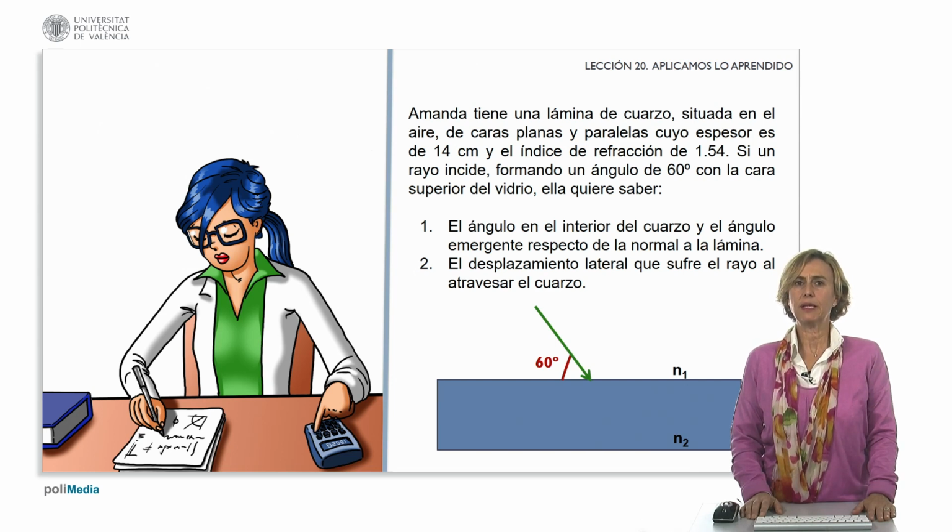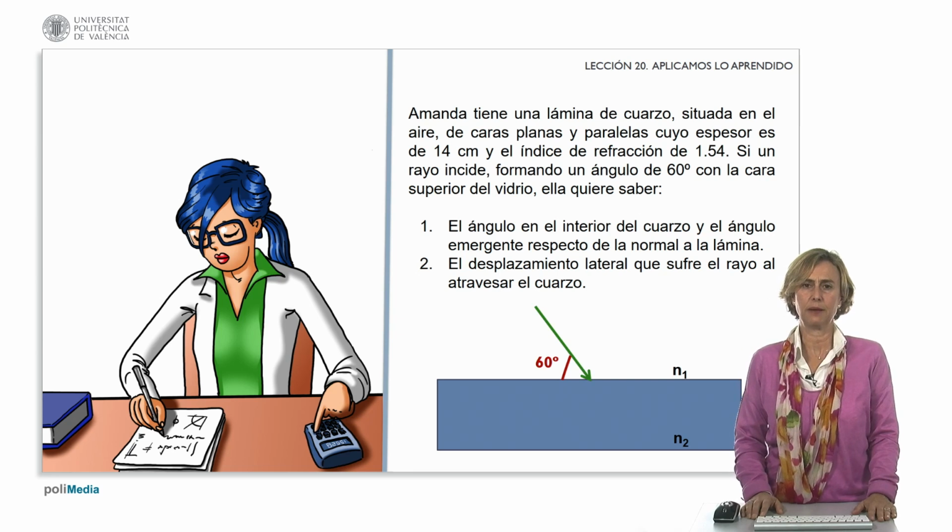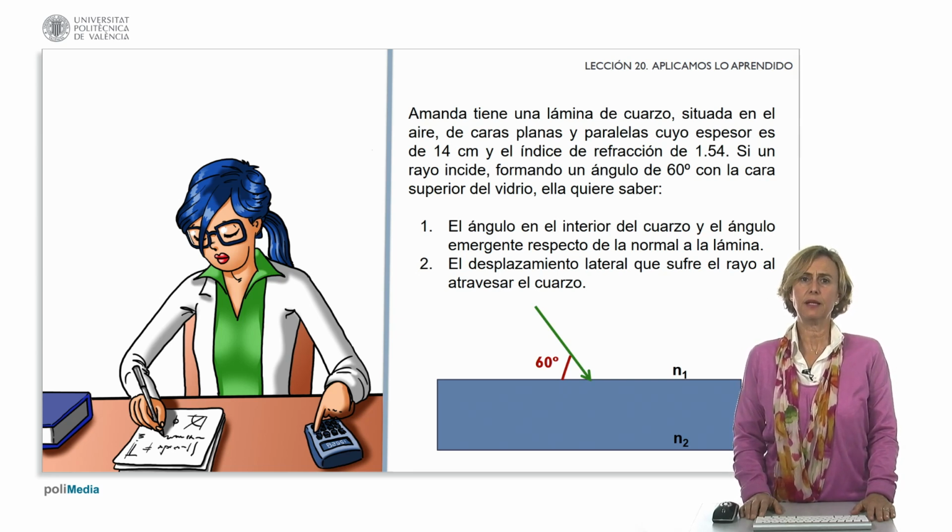This sheet has flat and parallel faces with a thickness of 14 centimeters and a refractive index of 1.54. A ray is incident at an angle of 60 degrees with the upper face of the glass, and she wants to know the angle inside the quartz and the emerging angle with respect to the perpendicular to the sheet. You also want to know the lateral displacement of the beam as it passes through the quartz.